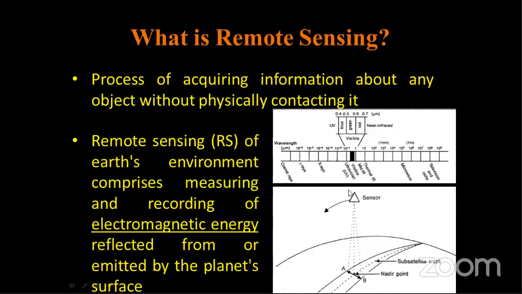This sensor senses this energy in many electromagnetic domains. That may be visible, mid infrared, thermal infrared or microwave. Some remote sensing applications are now also approaching the ultraviolet, but it is rarely seen in X-rays, gamma rays or cosmic rays.